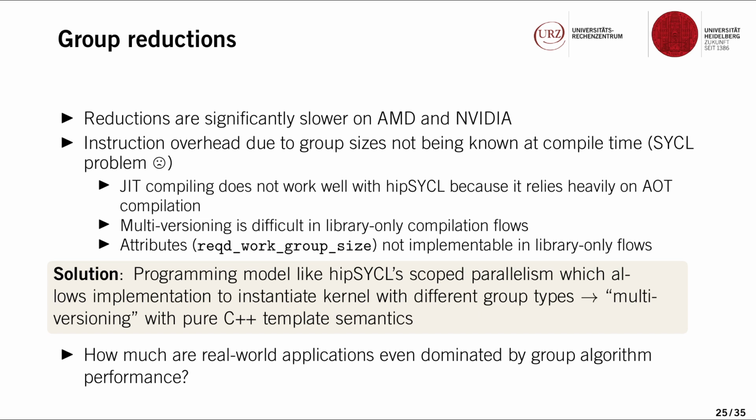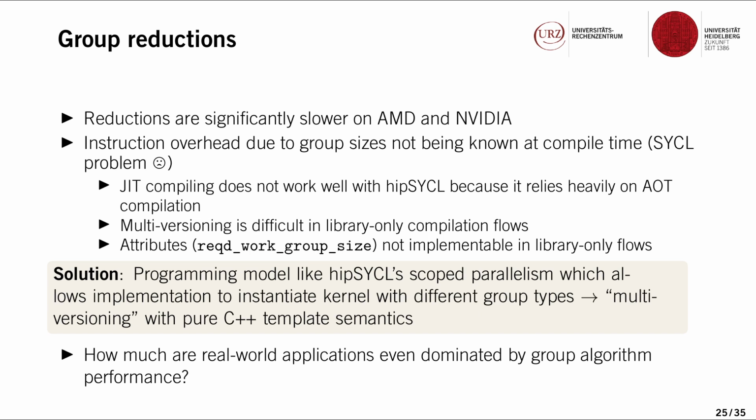So they know the group size at compile time. And you need to know the group size because depending on whether the group size is divisible by the subgroup size, for example, you can implement those group algorithms in different ways. And that means that in the SYCL version of the benchmarks, there's effectively an additional if statement to check this.